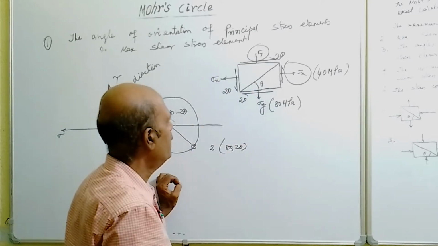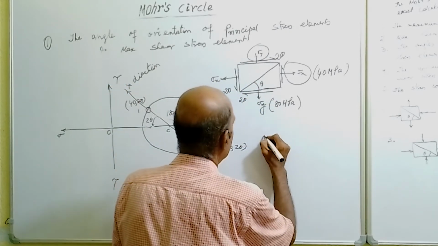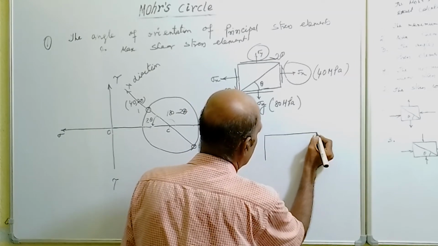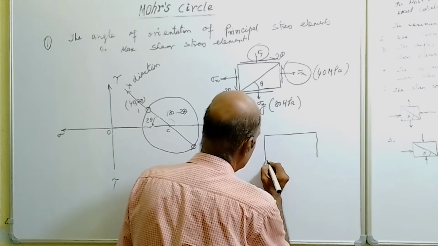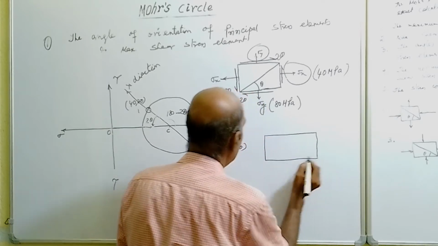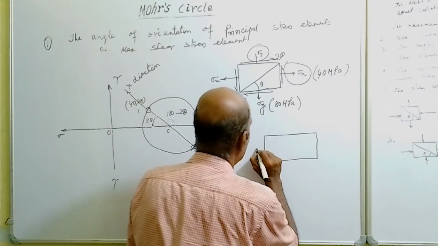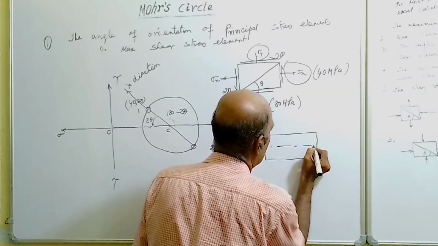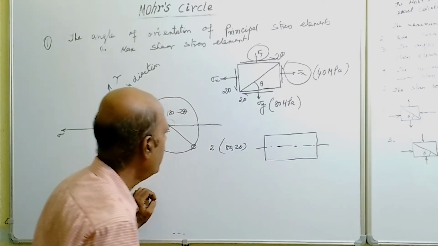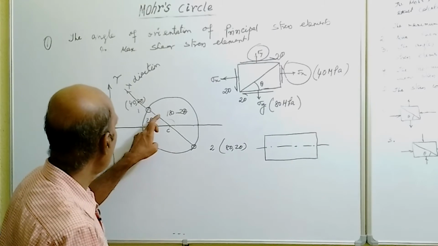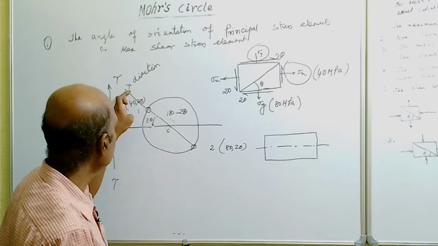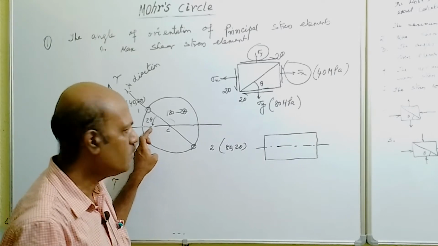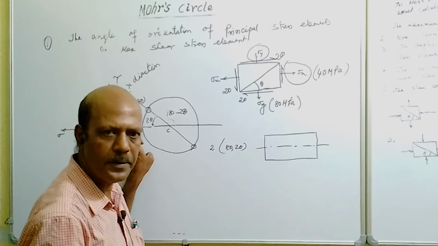So in this body, I am drawing the body again, only the stresses I am not drawing. This was the element, and these were the axes. Now we have to rotate the x direction in the anticlockwise sense by 2 theta, so we will get the minor principal plane.